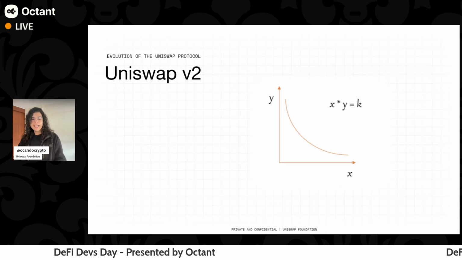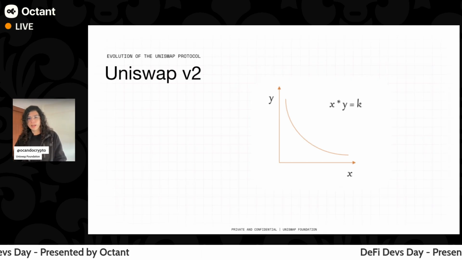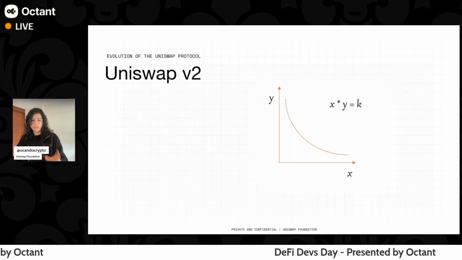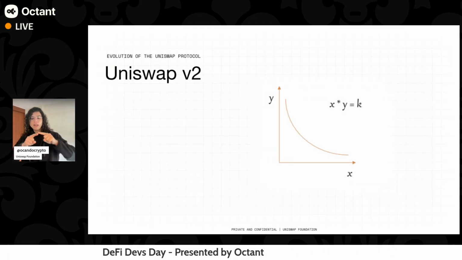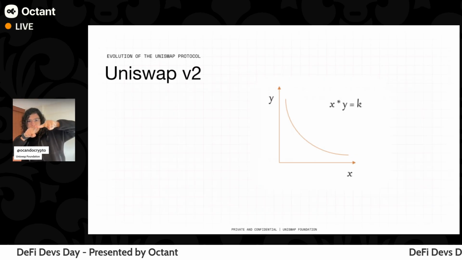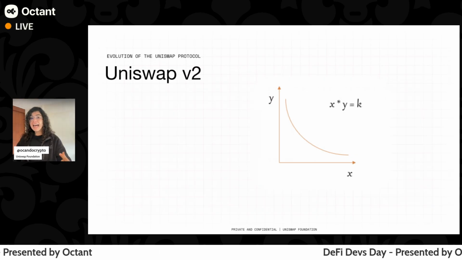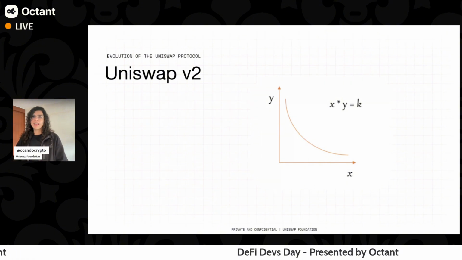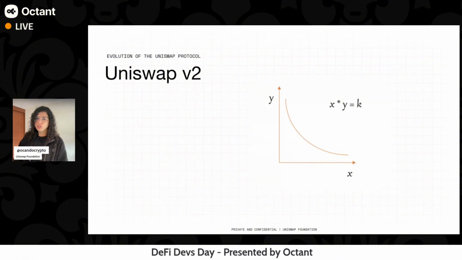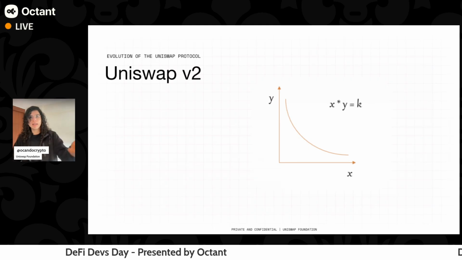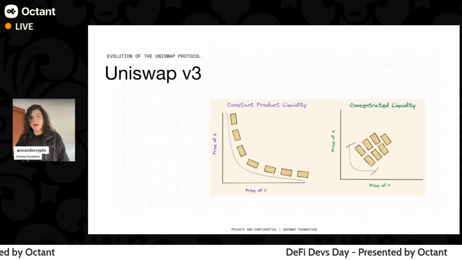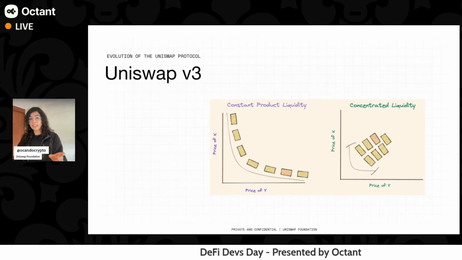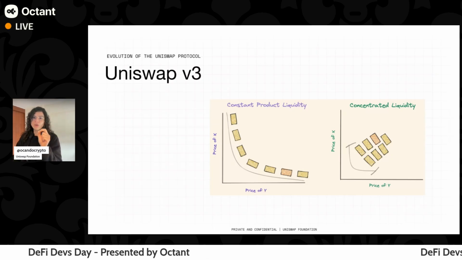When I say the constant price curve, back in 2020 we had this curve where all of the liquidity was spread over the whole curve, meaning we didn't really have better price execution. For example, with slippage and so on, you can trade, but prices might be a bit fixed there. Then in 2021, v3 launched, and we had this new innovation called concentrated liquidity.